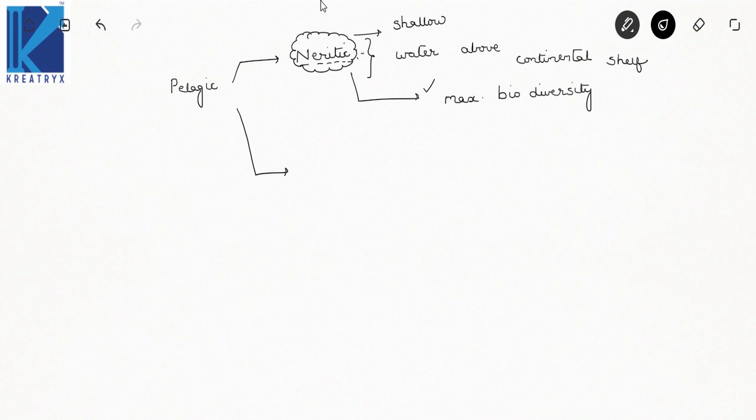right? And the second one in pelagic is oceanic province or oceanic zone. Now, what is oceanic zone?